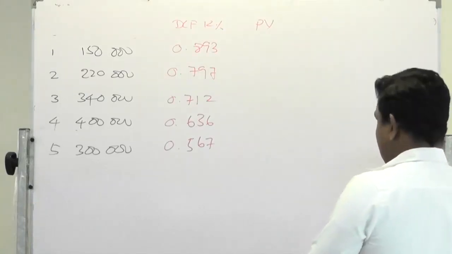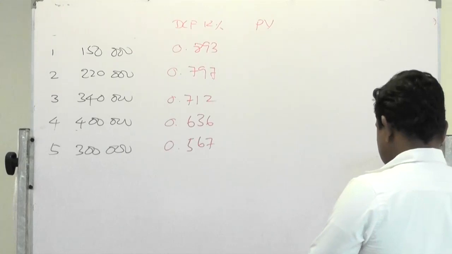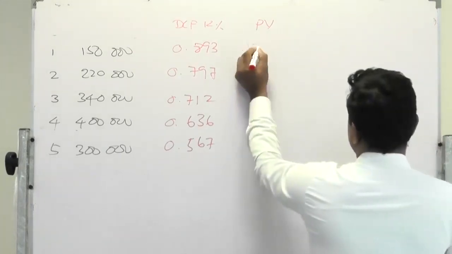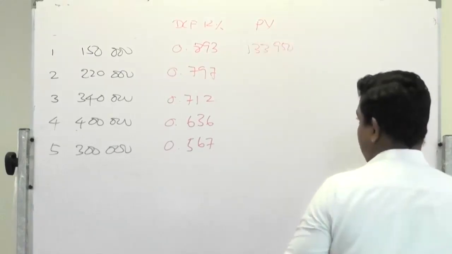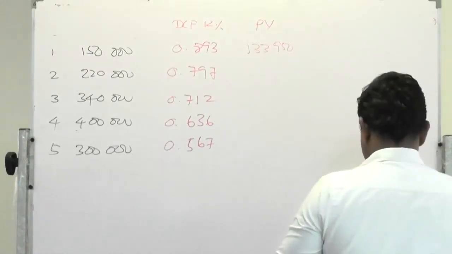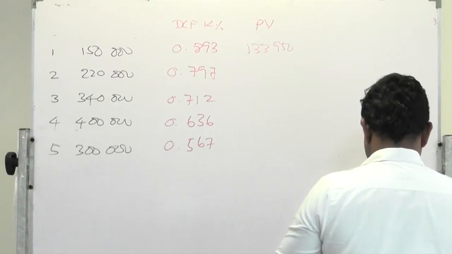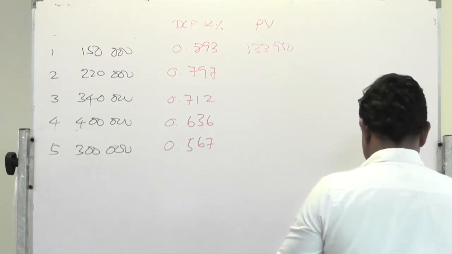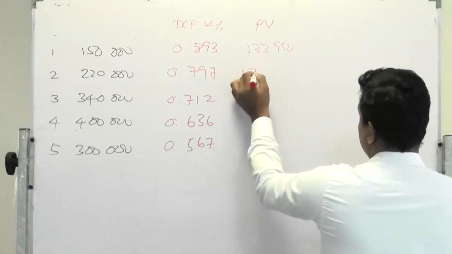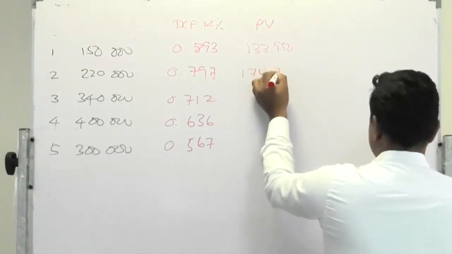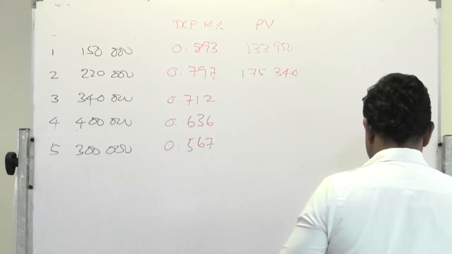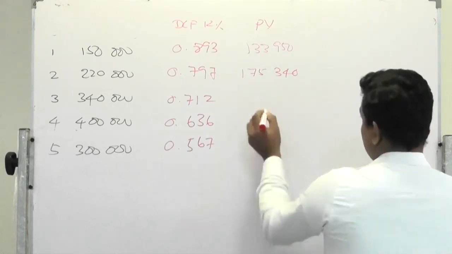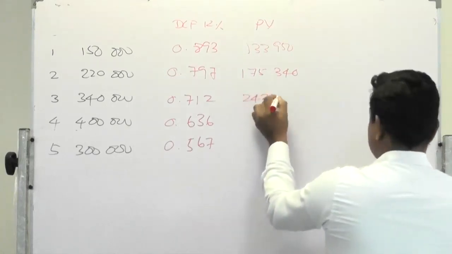150,000 times 0.893, 133,950. 220,000 times 0.797, 175,340. Then 340,000 times 0.712, 242,080.